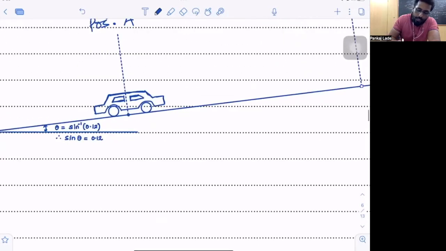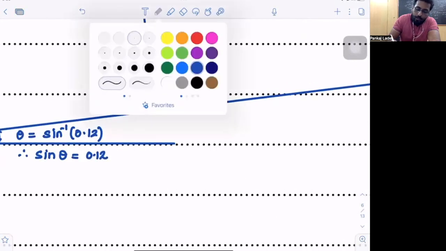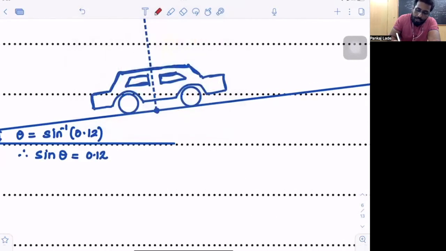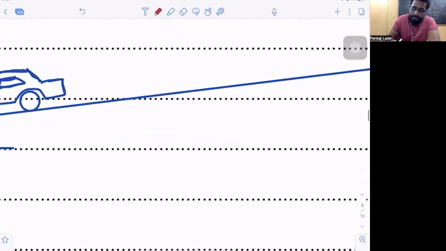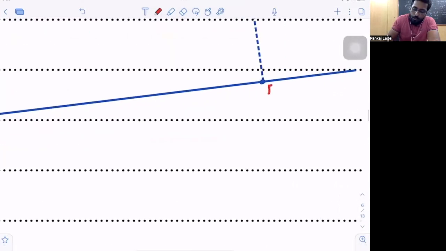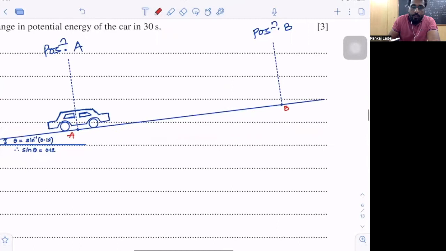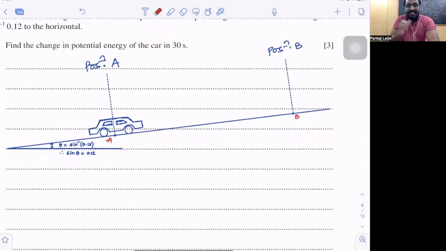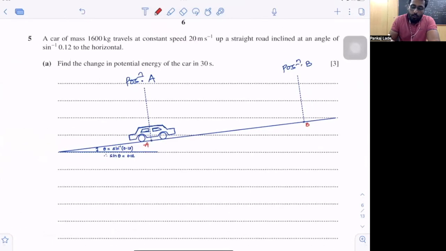So that's point A. Let me use a different colored pen as well. That's point A. That's point B. Okay. Now, what has happened is the car has changed its position. It has moved from point A to point B in a duration of what? In 30 seconds. So the time that has taken by the car to reach from point A to point B is 30 seconds. Got it?